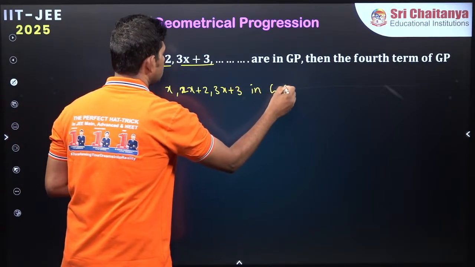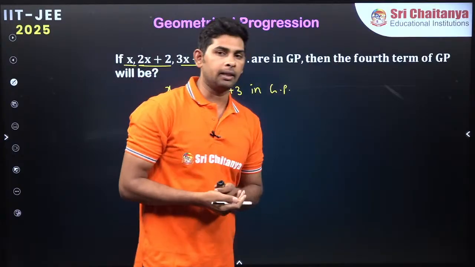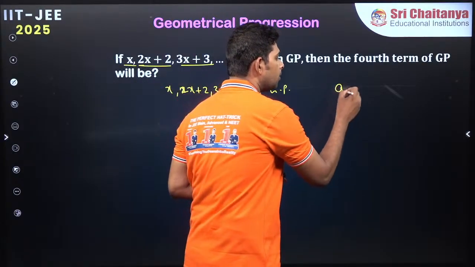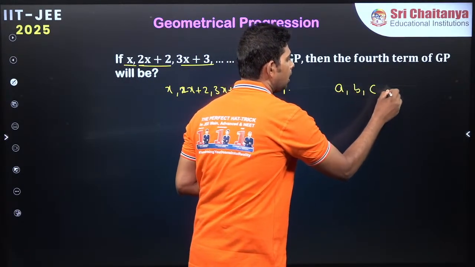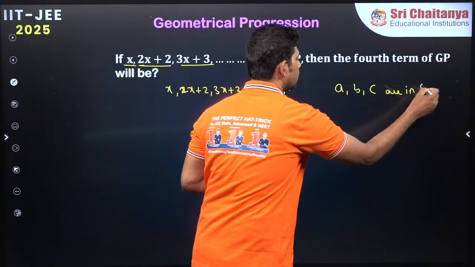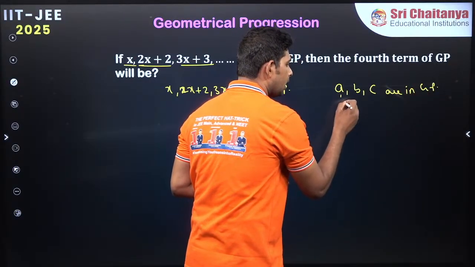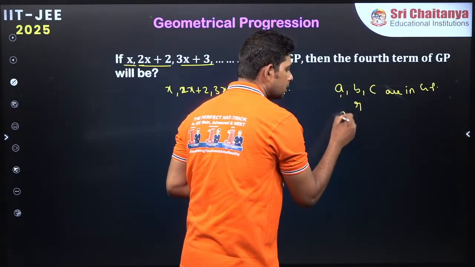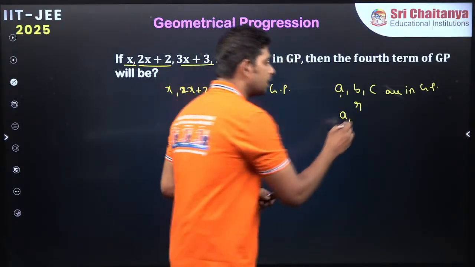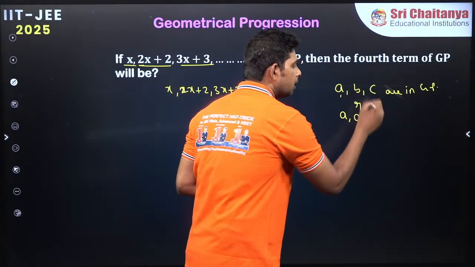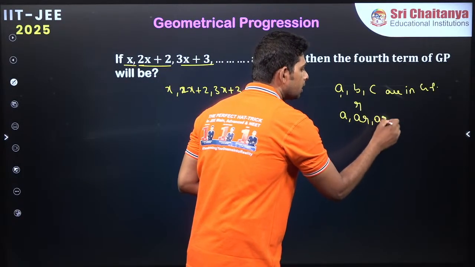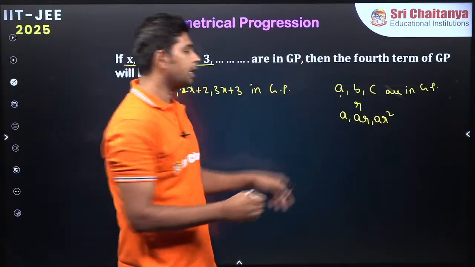So I'll give one property on this. First, let us say A, B, C are in GP. If I take R as the common ratio, this is A, the second term will be AR, and the third term is going to be AR square. Why don't we multiply A and C here?